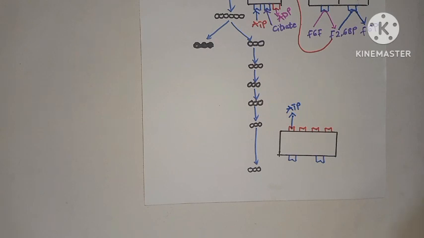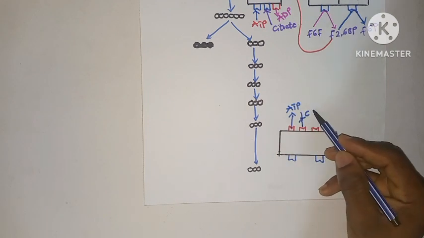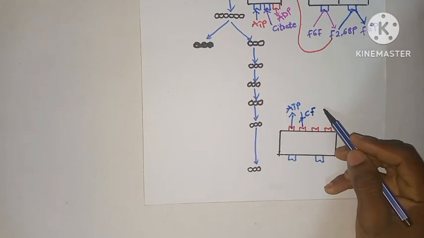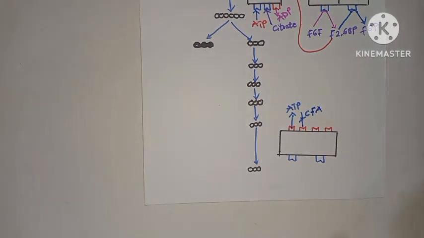Also, when there is a long chain fatty acid or a lot of beta oxidation, this is also going to inhibit this enzyme. Let me write that one too: long chain fatty acid or beta oxidation.